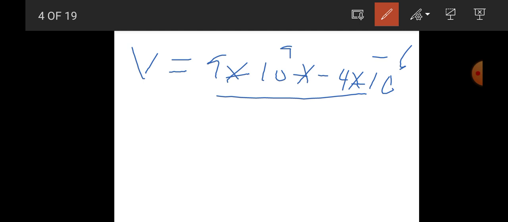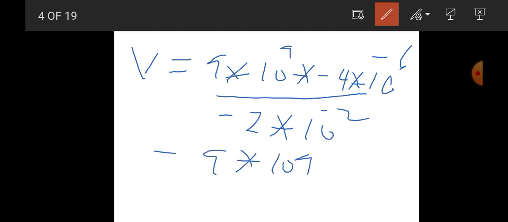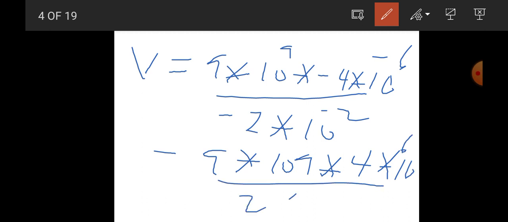-2 centimeter, -2 times 10 to the power of -2, converting to meters, -9 times 10 to the power of 9 times positive 4 times 10 to the power of -6 over 2 times 10 to the power of -2.